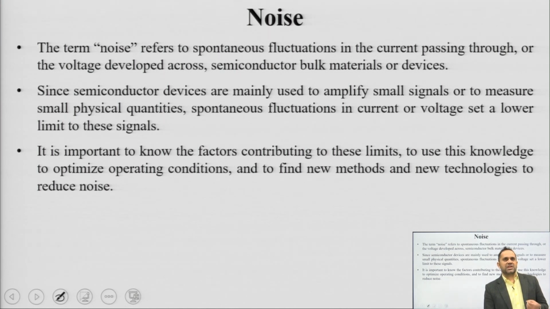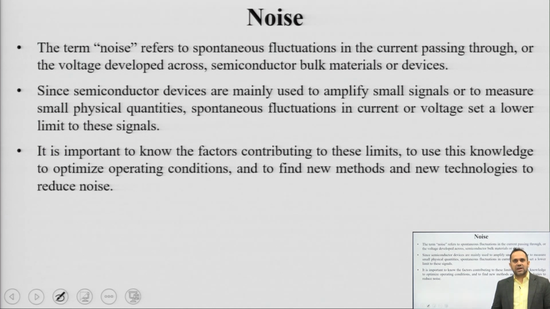Spontaneous fluctuation in I and V can set a lower limit to the resolution and sensitivity of these devices. How small a signal it can sense, how small a signal it can amplify or measure. Okay. So, it is important to know the factors which contribute to these kinds of limits, and this is where the analysis of noise comes into play.